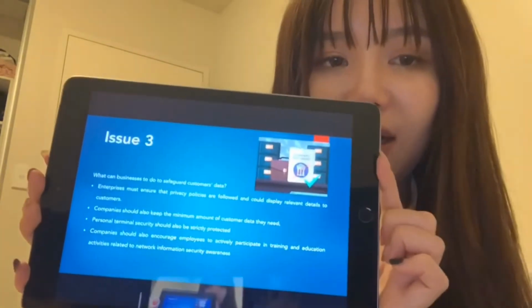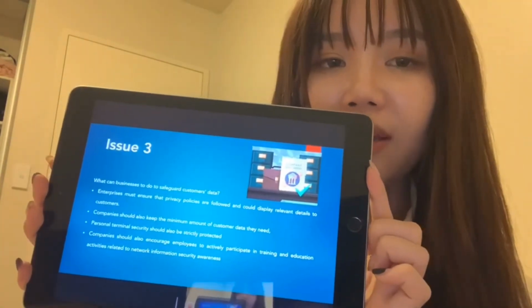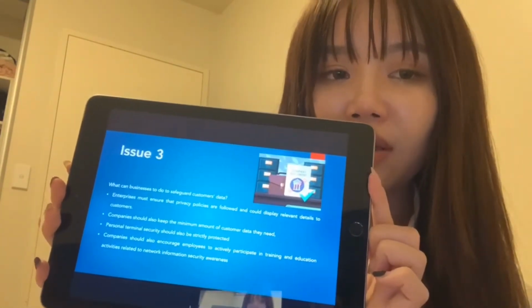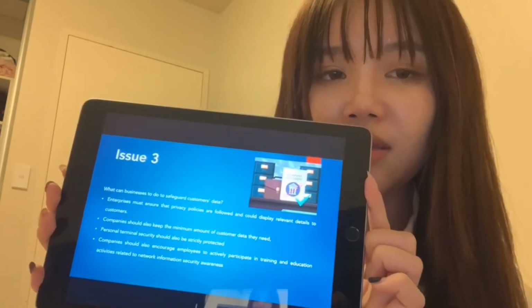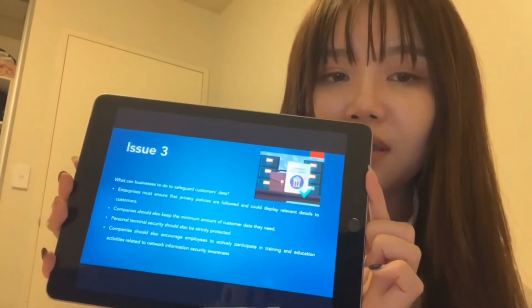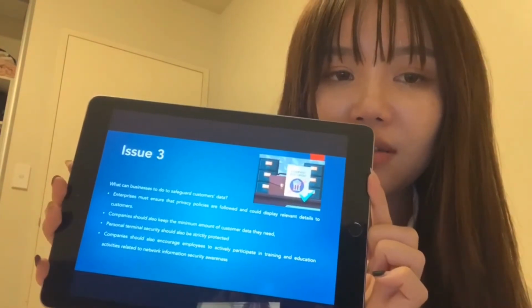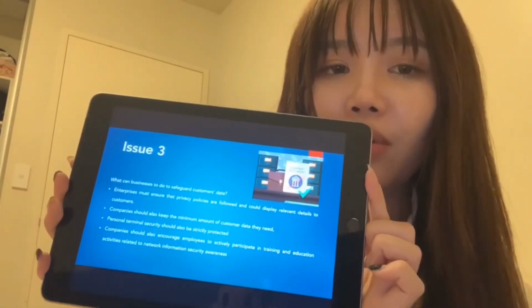On the other hand, companies should actively develop advanced information security technology to prevent external infringement and improve the level of personal information system protection.